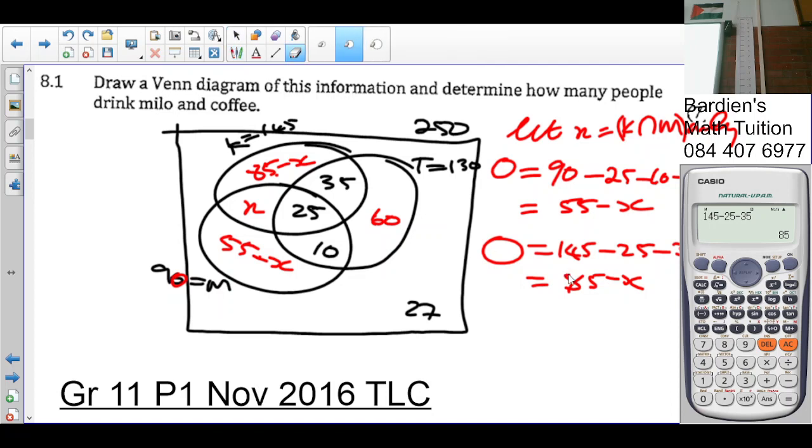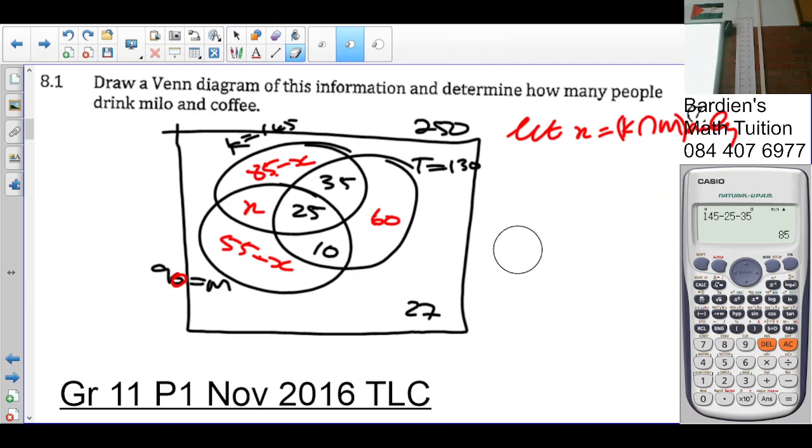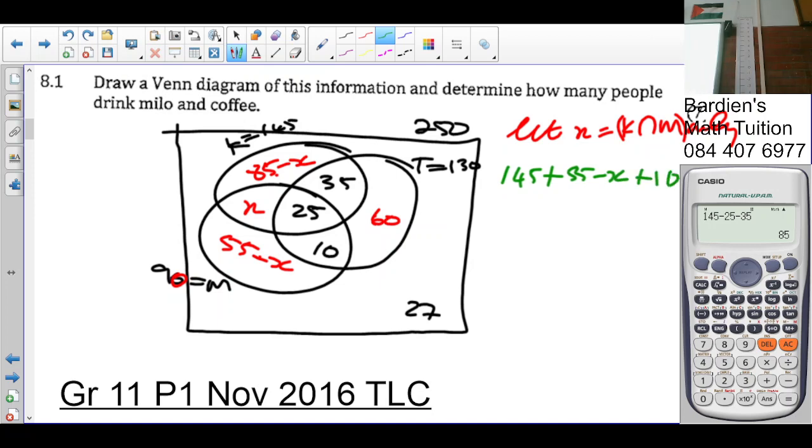So in pursuit of calculating x, we need to say that this whole set here is 145 plus 55 minus x plus 10 plus 60 plus 27 is equal to the total, which is 250. Instead of saying 145 here, I could have said 85 minus x plus 35 plus 25 plus x.